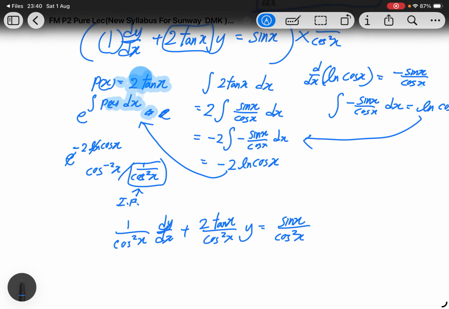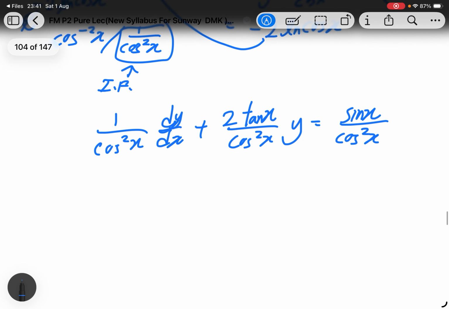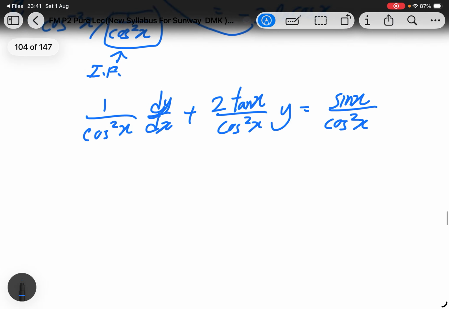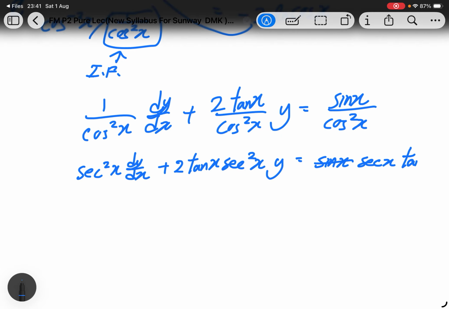Now check this out. Instead of cos squared x, I can also use sec squared x, secant squared x.